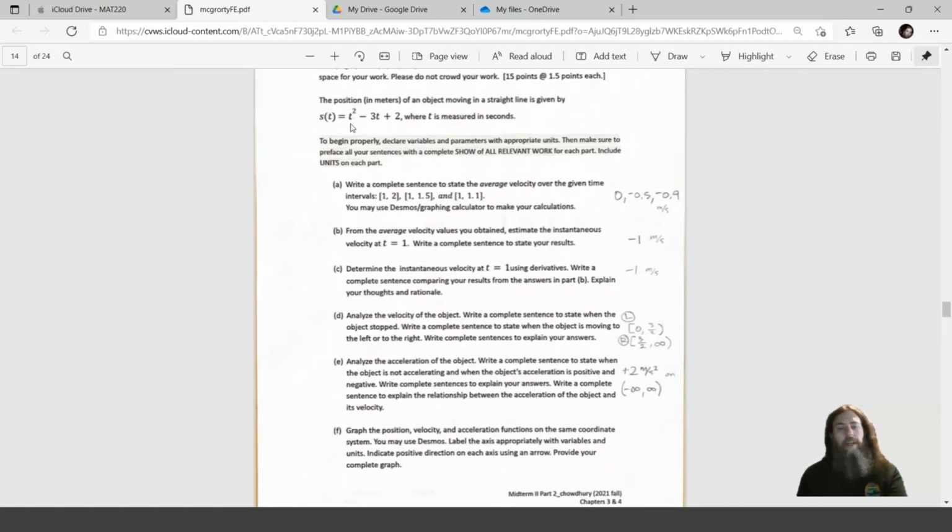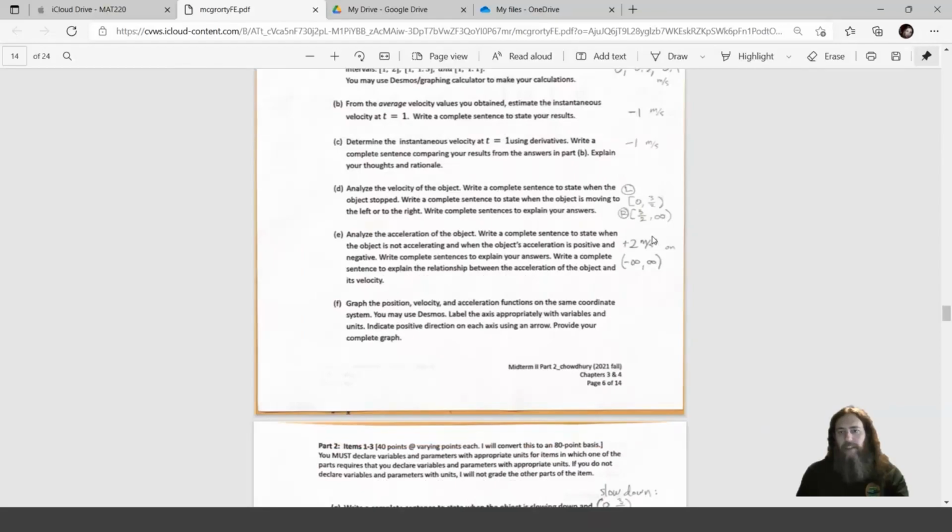Where we had 2t minus 3, we now have 2 minus 0, and we get rid of our t here, so it's a solid 2. It's just a constant acceleration value, so we have a straight line, y equals 2.